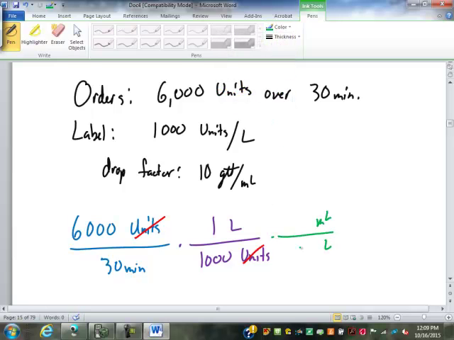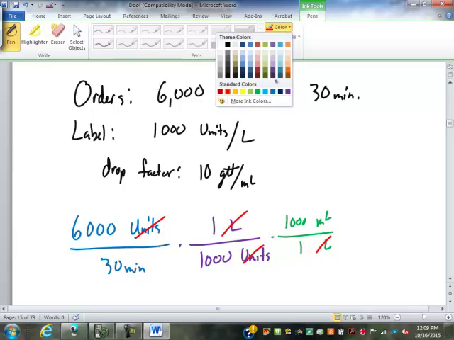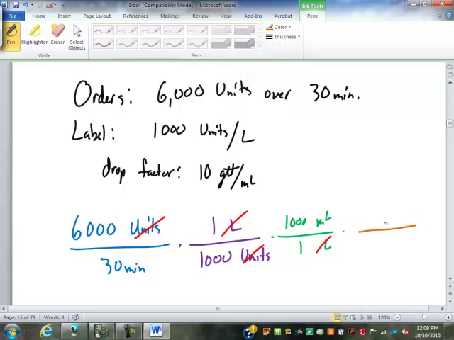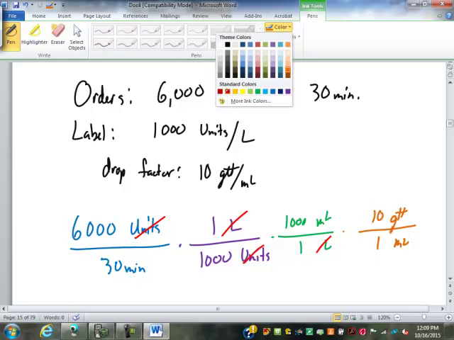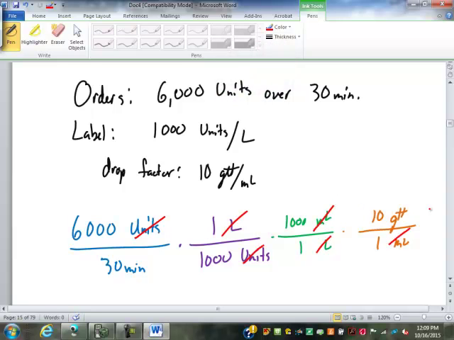Go to milliliters. 1 liter is 1,000 milliliters. And now we got to get rid of milliliters to go to drops. 10 drops in 1 milliliter. So now we have 6,000 times 1 times 1,000.